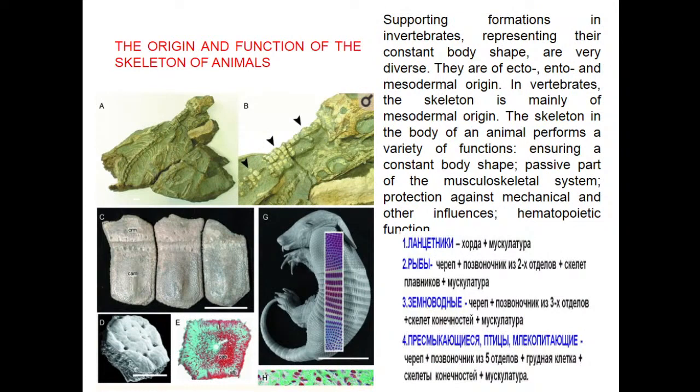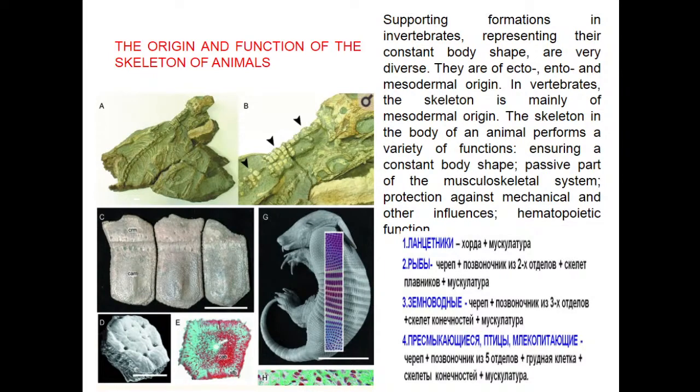Next, about the origin and function of the skeleton of animals. Support structures in invertebrates, representing their constant body shape, are very diverse. They are of ecto-, ento-, and mesodermal origin. In vertebrates, the skeleton is mainly of mesodermal origin.